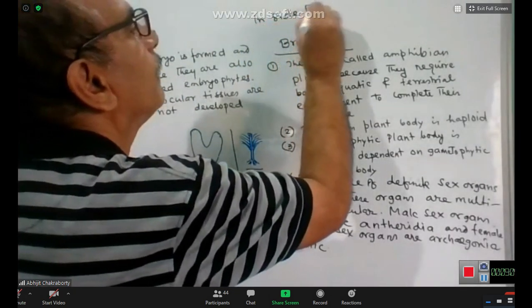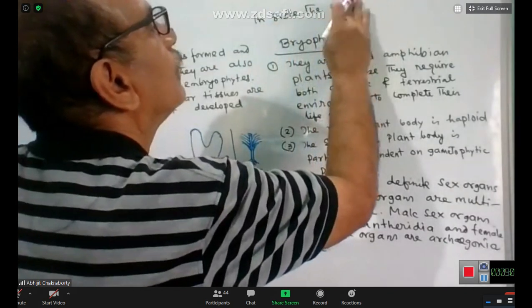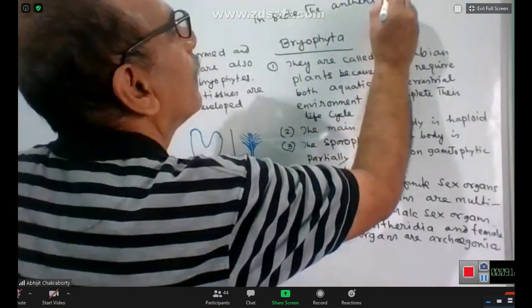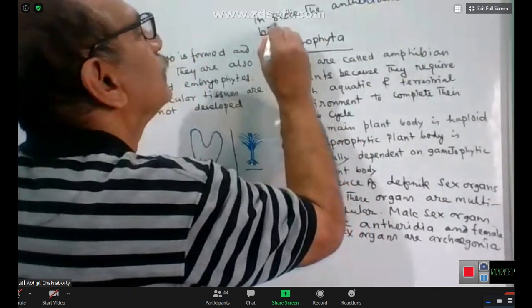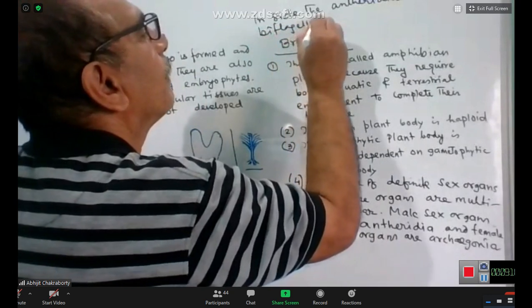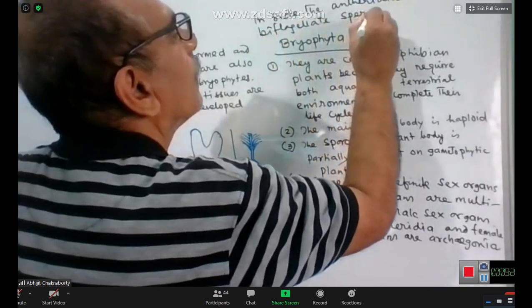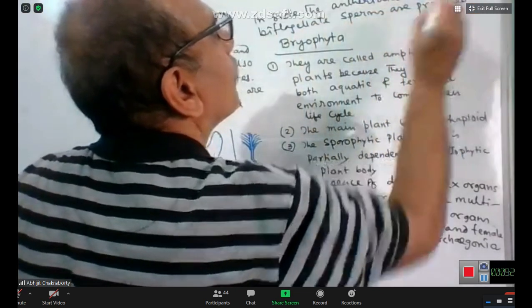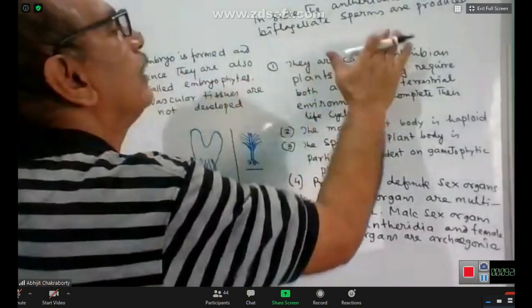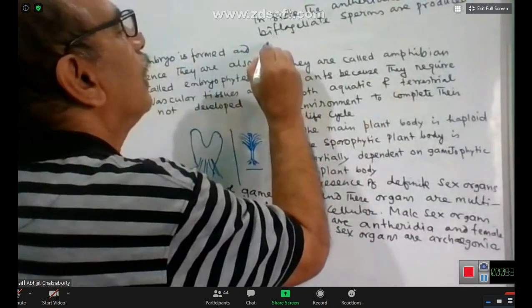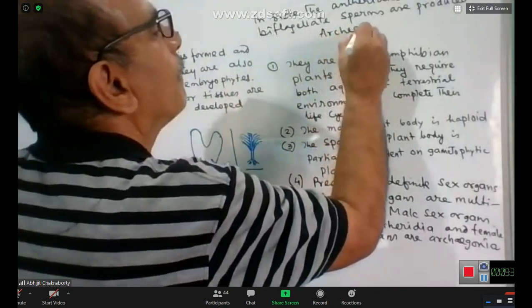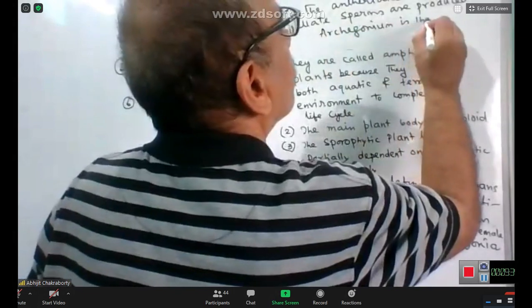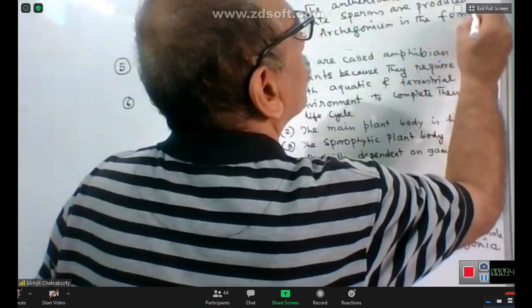Inside the antheridium, biflagellate sperms are produced. Archegonium is the female sex organ.